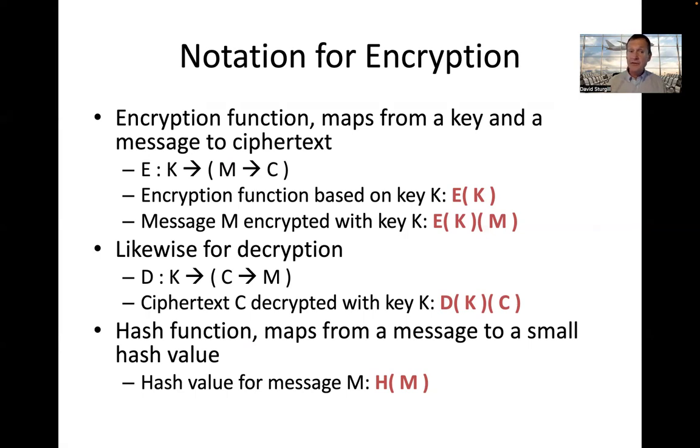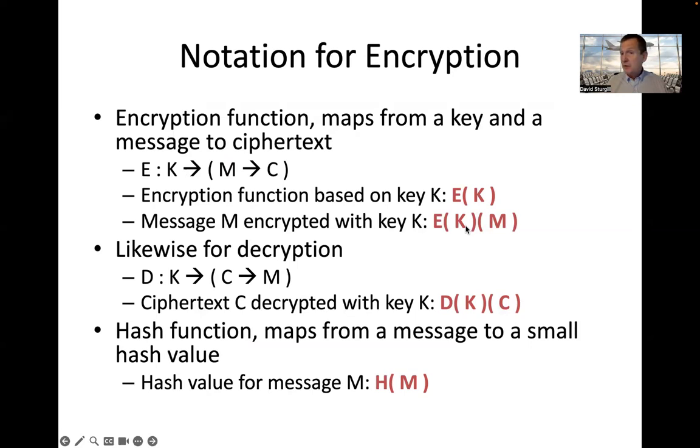In our notation, since E is a function that goes from a key to an encryption function, if you just said E of some key, that would be talking about the encryption function. And if you took that and applied it to a message, that would be a way of writing down ciphertext for this message encrypted with this key.